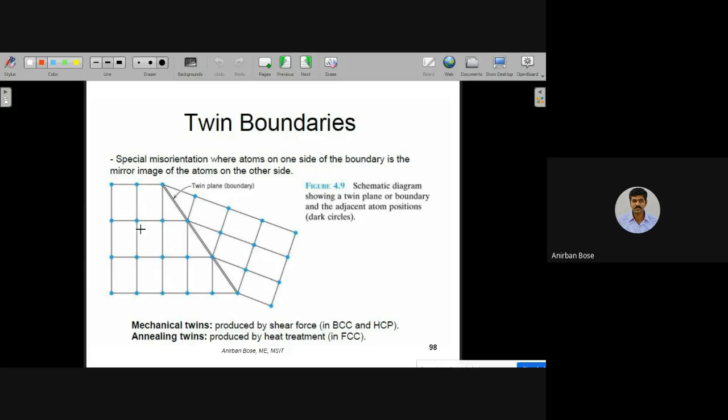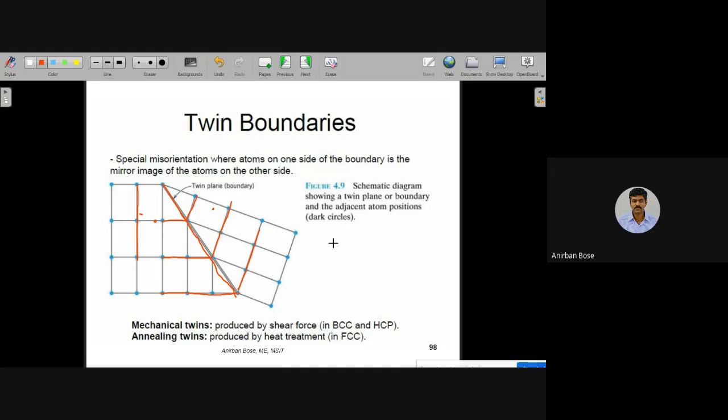If one part of the crystal has an orientation like this, and this is a particular boundary where the other side of the crystal is exactly the mirror reflection of this part, so that one part is the mirror reflection of the other part, then it is called a twin boundary.